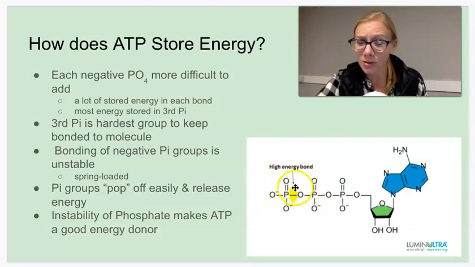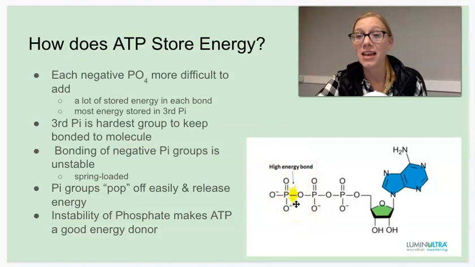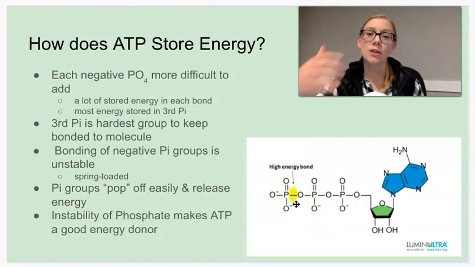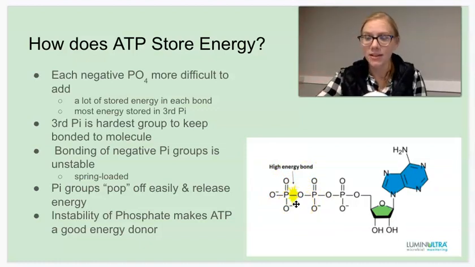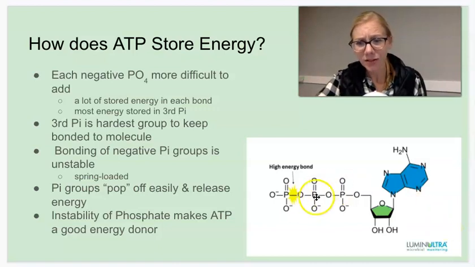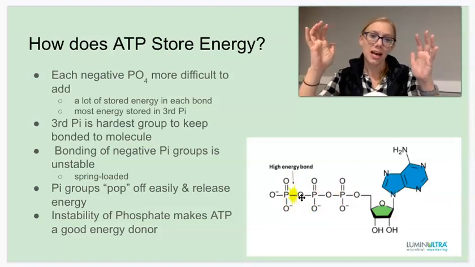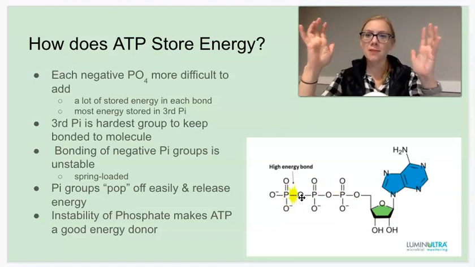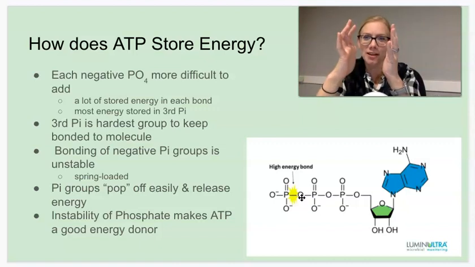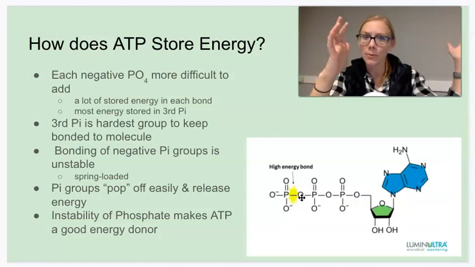So this bond right here is actually a really high energy bond, meaning when we break it, it gives off the energy that we need. One way to think about these phosphate groups on your ATP is that it's kind of like a spring-loaded situation, where everything's compressed together, and if you give it a little space, it'll pop right off.